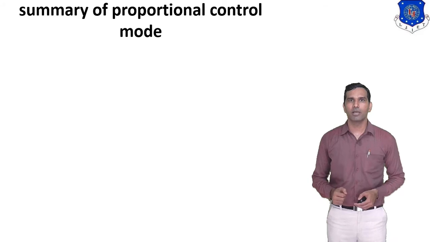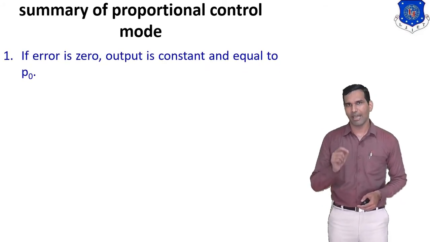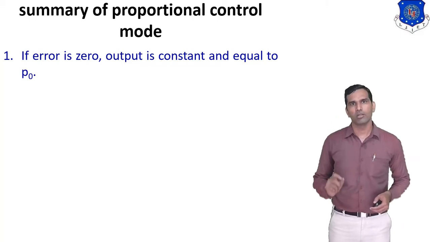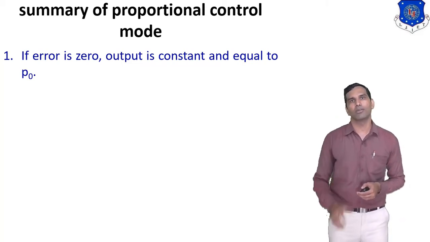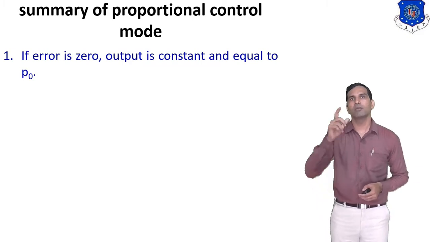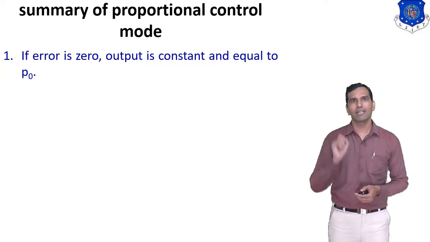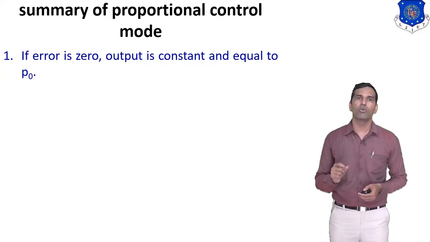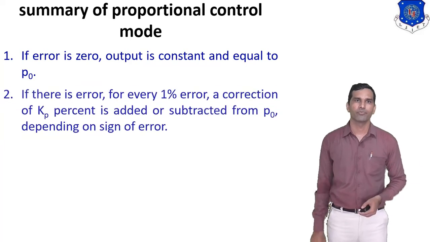Now we summarize the proportional control mode. If the error is 0, the output is constant and equal to P0. That means from equation 1, if our error is 0, the controller output is constant and equal to P0.